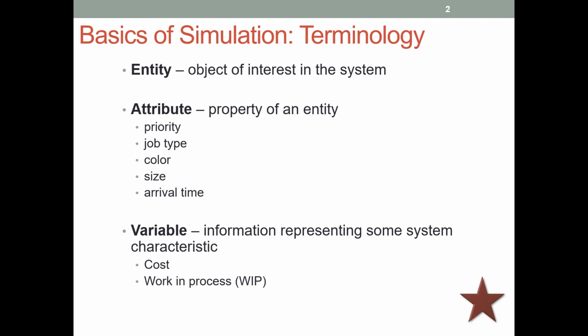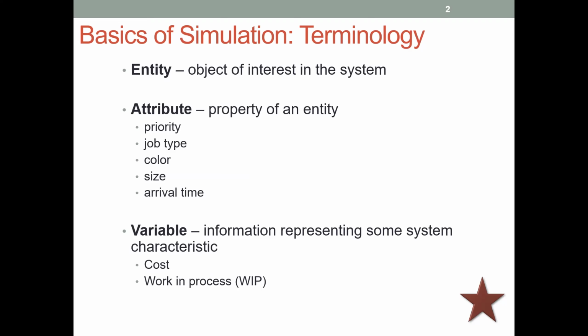These are allowed to change or update values through the simulation run, like the cost, for example, as you process more parts. If you're looking at the manufacturing process, your cost is going to be higher. So this cost is going to be increasing until the end of the simulation.